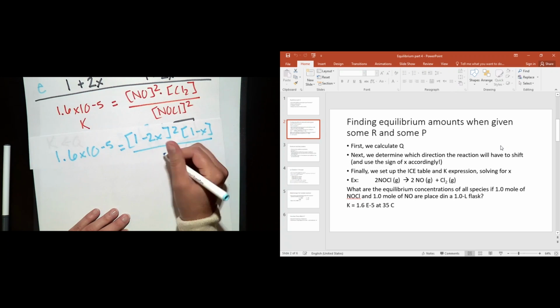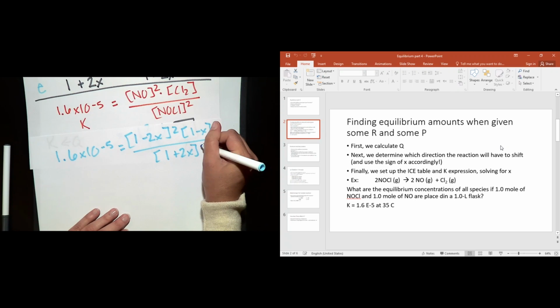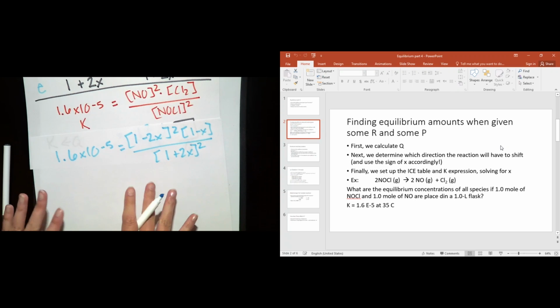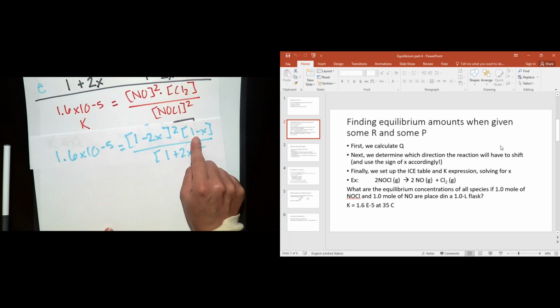And don't worry, I'm not going to give you a problem that is this mathematically rigorous for your exam. This is one just, or any homework problem, this is one just to set up. You can tell because you would have a cube here, right? X to the third, and that's not covered in college algebra, which is our prereq.